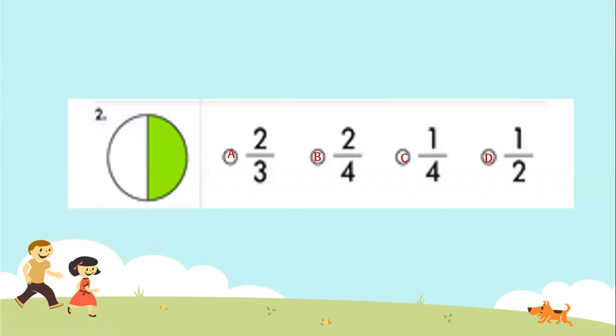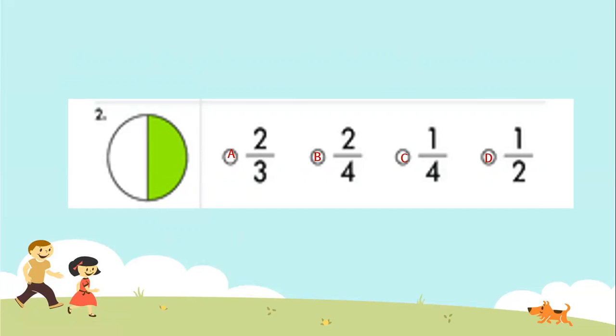Now look at this. This is shaded half in green, while this portion is shaded white. Look at these now. A, 2/3, B, 2/4, C, 1/4, D, 1/2.